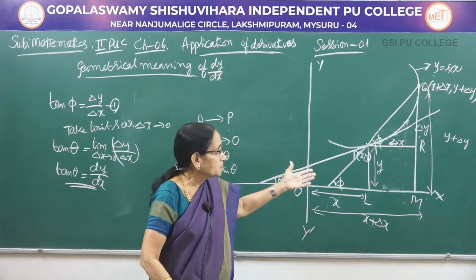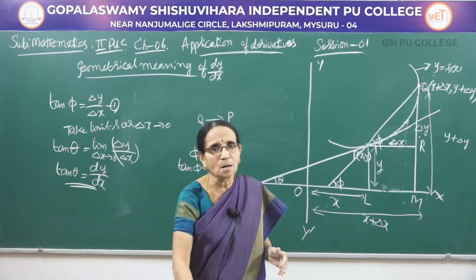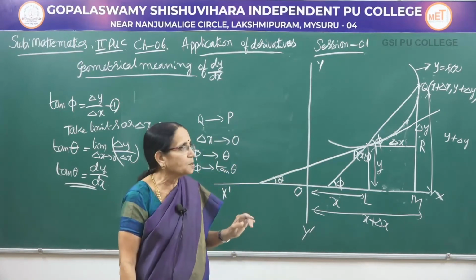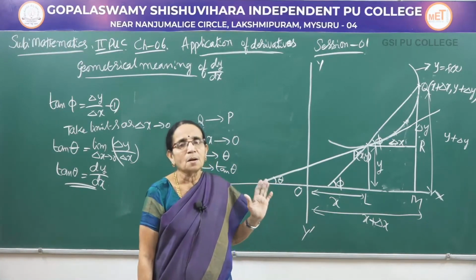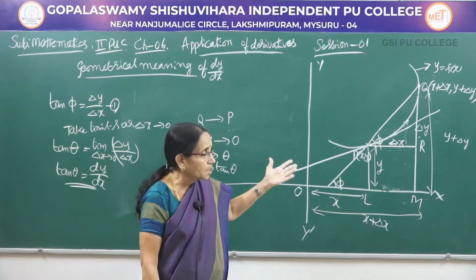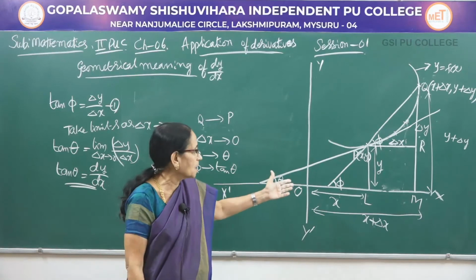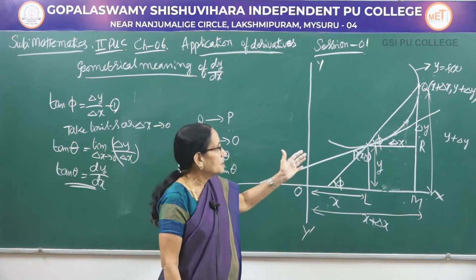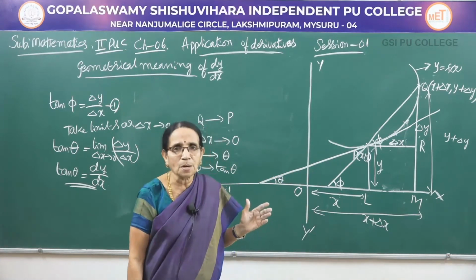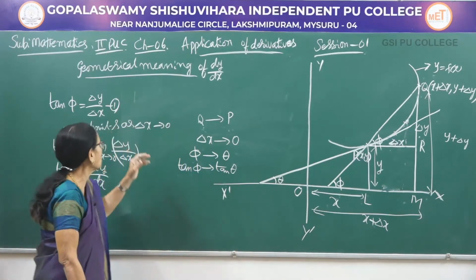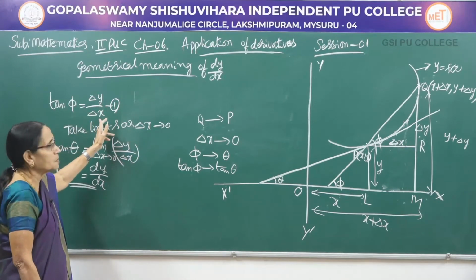So to know the geometrical meaning of this, I had considered a continuous function y equal to f(x). I have taken 2 points here and drawn a chord, produced to meet the x-axis, making a certain angle phi. Then drawing the perpendicular, I got a right angle triangle, and considering the tangent ratio, tan phi is delta y by delta x.